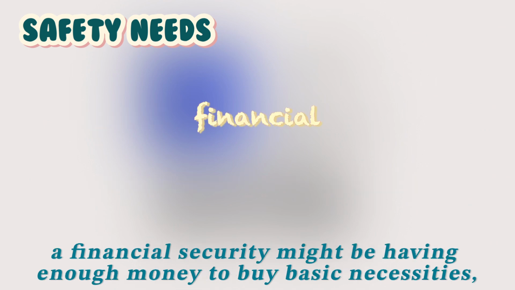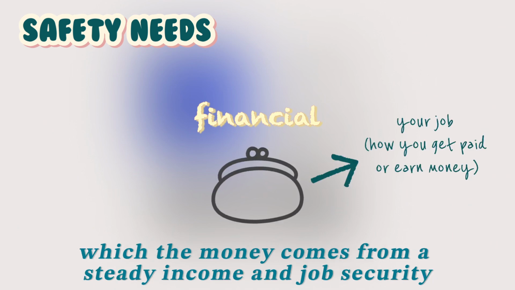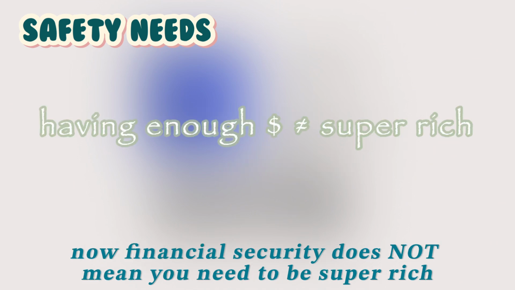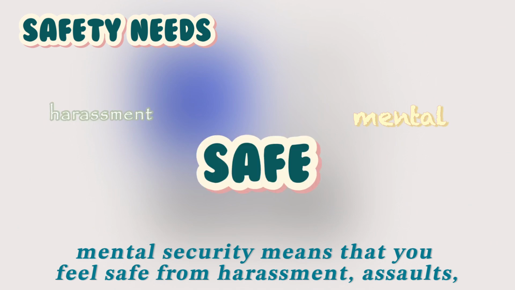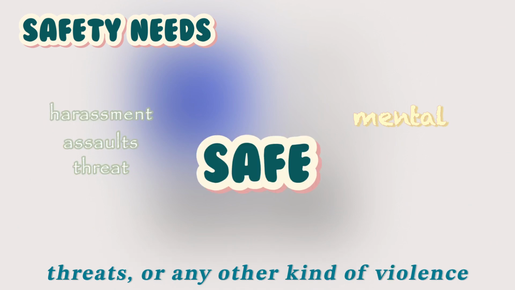A financial security might be having enough money to buy basic necessities, which the money comes from a steady income and job security. Now, financial security does not mean you need to be super rich and be able to buy anything you want. Mental security means that you feel safe from harassment, assaults, threat, or any other kind of violence.